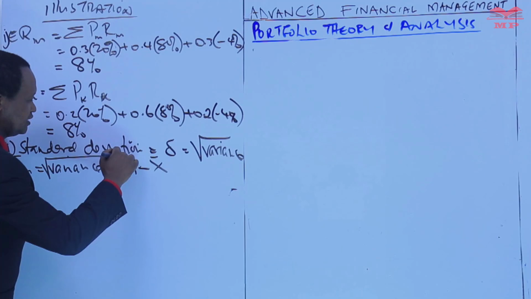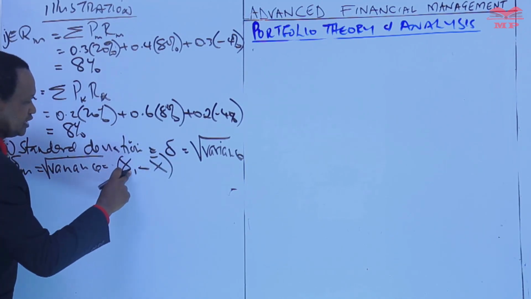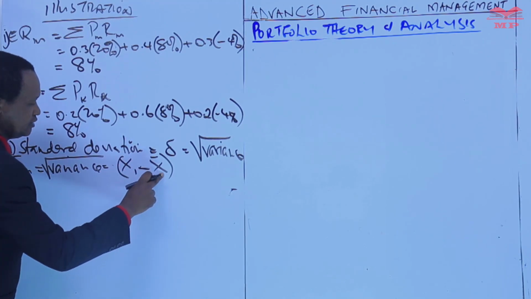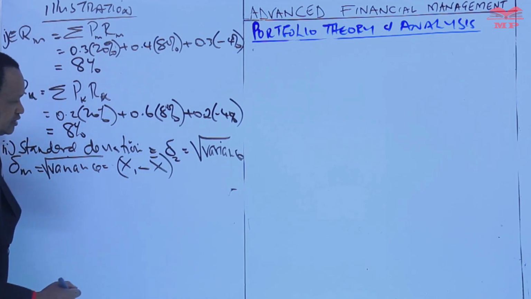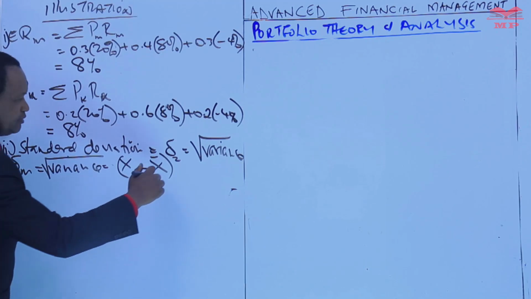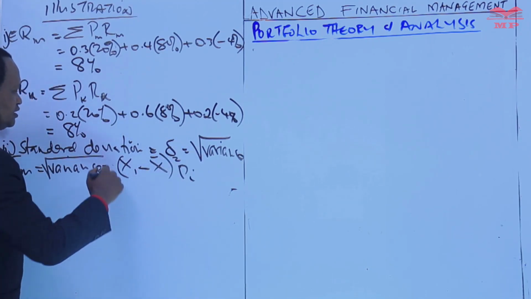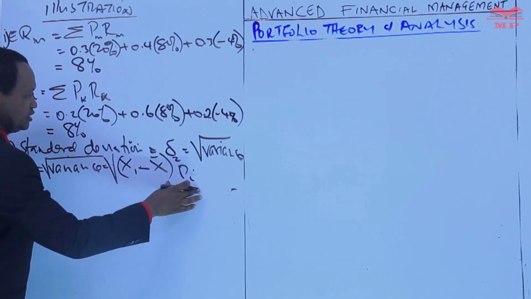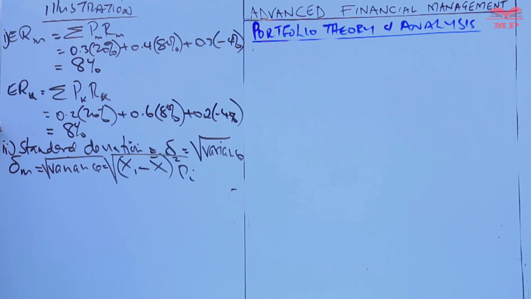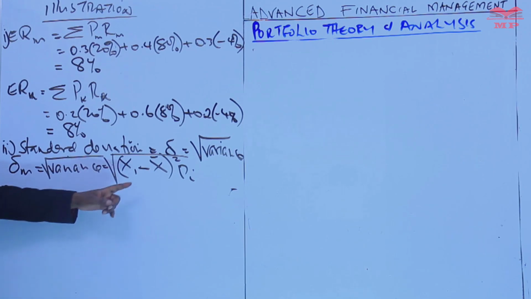The actual, we deduct the expected, then we square these deviations, then we multiply by probability. This is the variance, so we get the square root of this variance. Standard deviation. So this is the general formula, candidates.